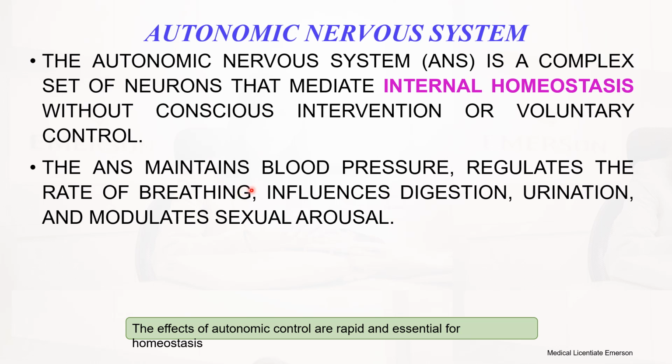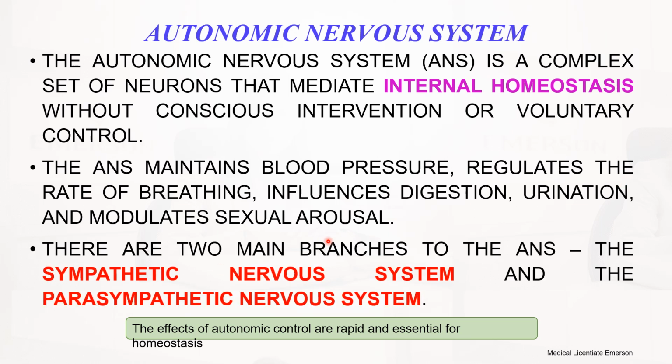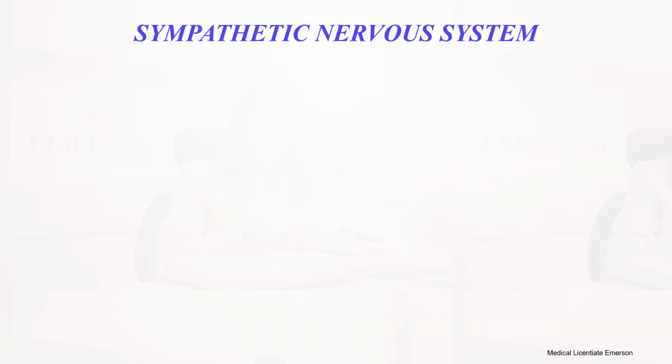Okay, so the autonomic nervous system maintains blood pressure, regulates the rate of breathing, influences digestion, urination, and modulates sexual arousal. Then there are two main branches of the autonomic nervous system. We have the sympathetic nervous system, and lastly the parasympathetic nervous system. Okay, and you also have to know that the effects of the autonomic control are rapid and essential for homeostasis.